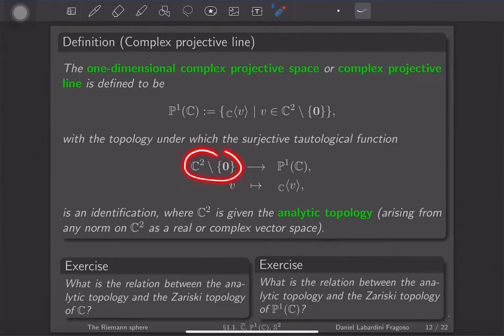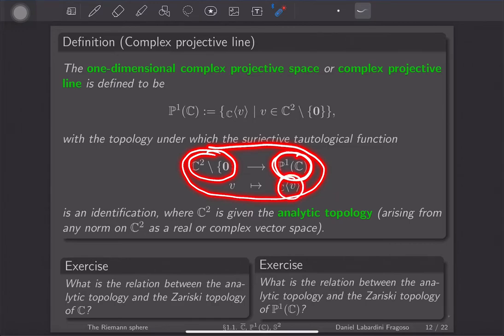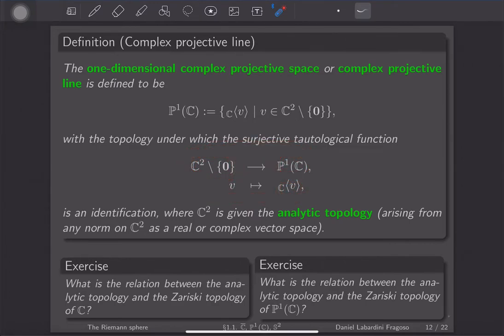I realize that I have this obvious surjective map, which to each non-zero vector associates precisely the one-dimensional vector subspace it spans. So this is an obvious function, and that's why I call it the tautological function.